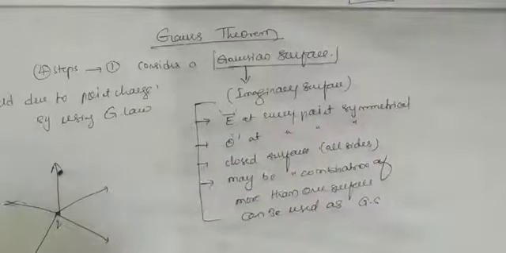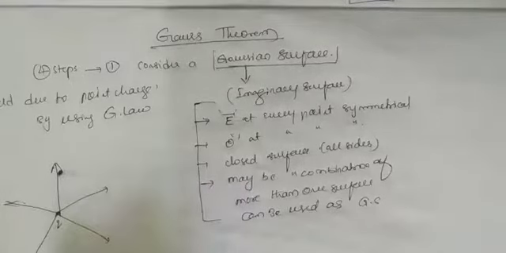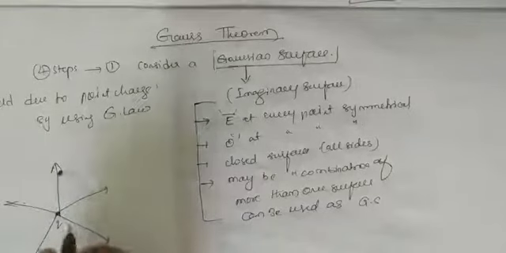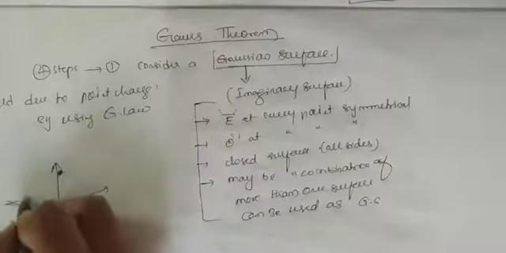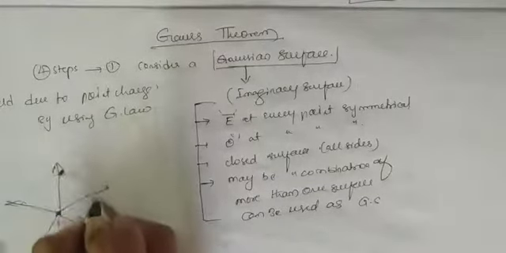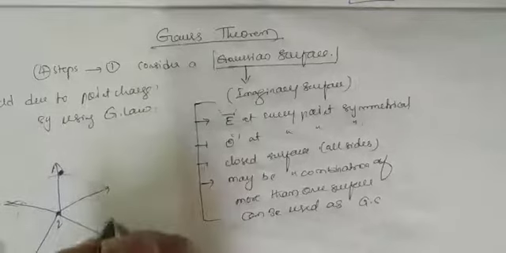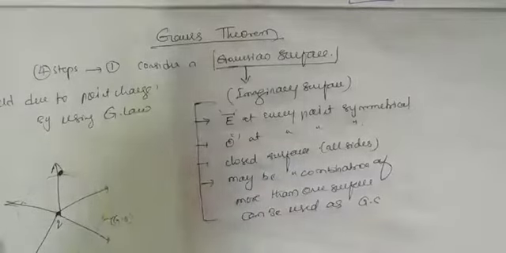For E and theta to be the same, my convenient Gaussian surface for the point charge is a sphere. I am giving dotted lines because it is assumed. This is our Gaussian surface, which is a sphere.